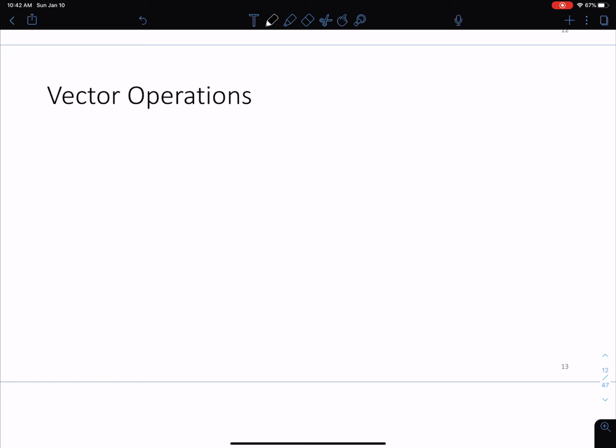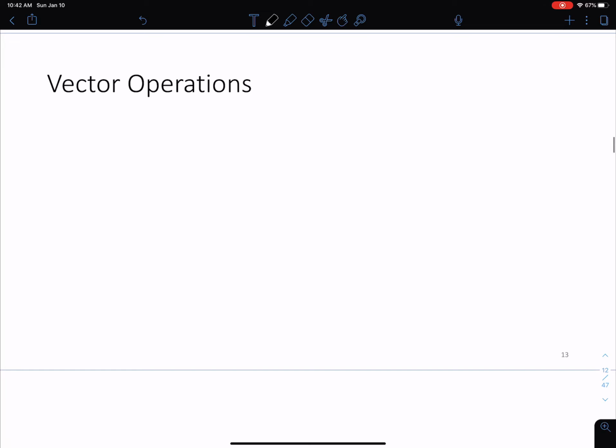But there are two other methods that you need to be familiar with, at least for these beginning topics, because they will help us solve different kinds of problems, okay? So the first operation is vector addition. And we're going to go over the parallelogram law of addition.